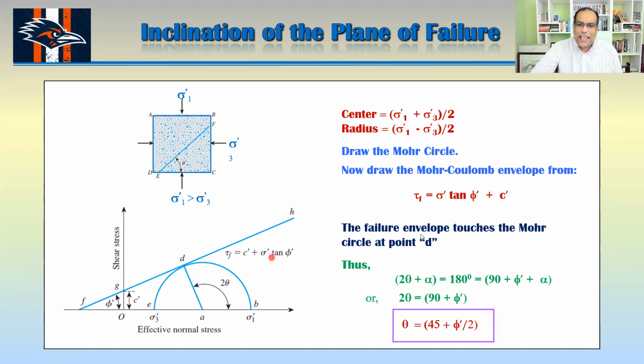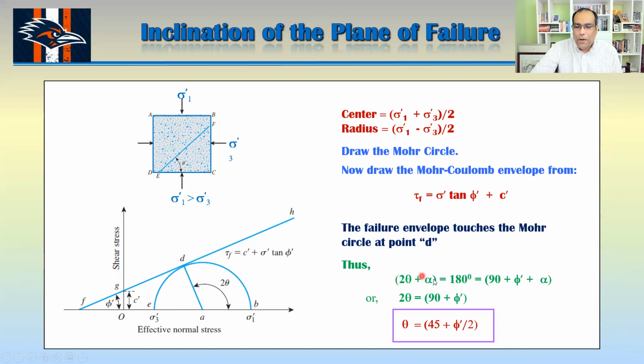Now, how can I find out this twice theta? So let's say this angle is alpha here. So twice theta plus alpha is basically 180 degrees. Again, if you think about this triangle, then this is your phi plus 90 plus alpha, which is equal to 180 degrees.